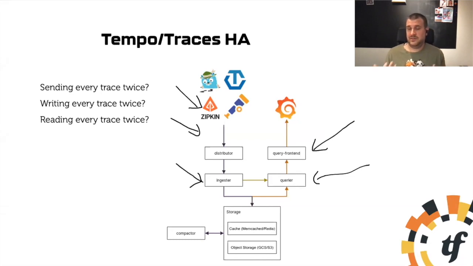Tempo and Loki, because they share an architecture, can use Consul, for instance, to announce themselves as individual services. But as we discussed before, with Consul you can only stay in your own data center. So the way Loki and Tempo use Consul, you can never end up on the other side. So writing twice wasn't an option.